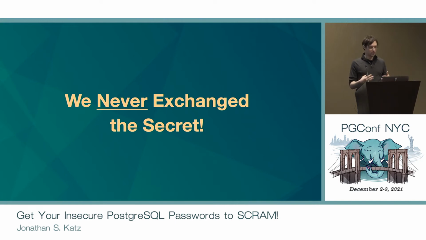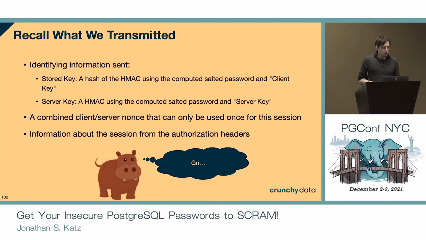And this is also why I try to emphasize this is a general purpose authentication method. You can use this in your own applications. Here's all that we transmitted. During the process, at the beginning, we transmitted the stored key and the server key. But the way we did this is that we put it into a hashed, cryptographically secure method.